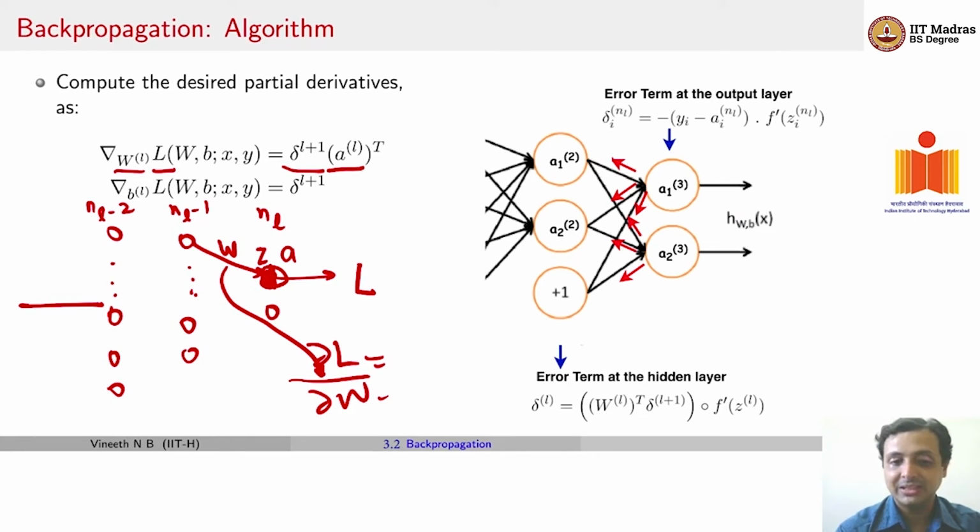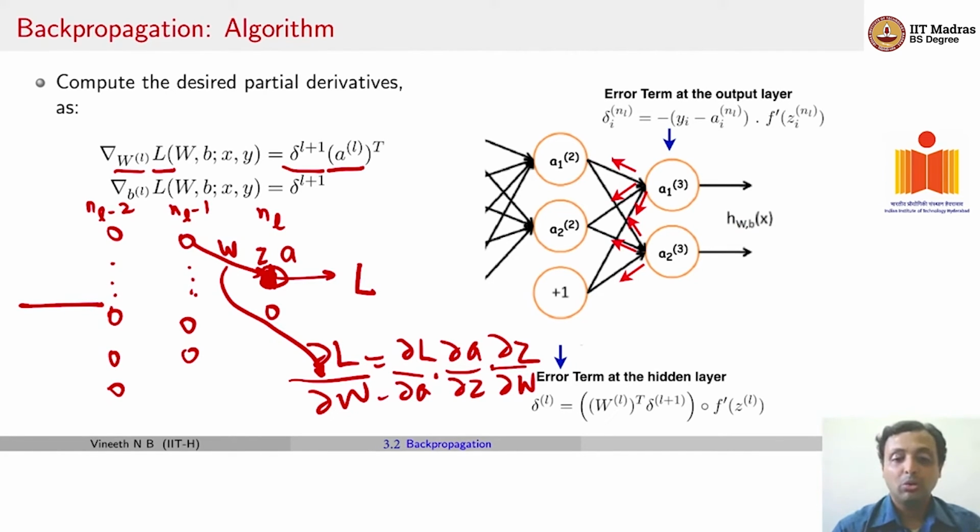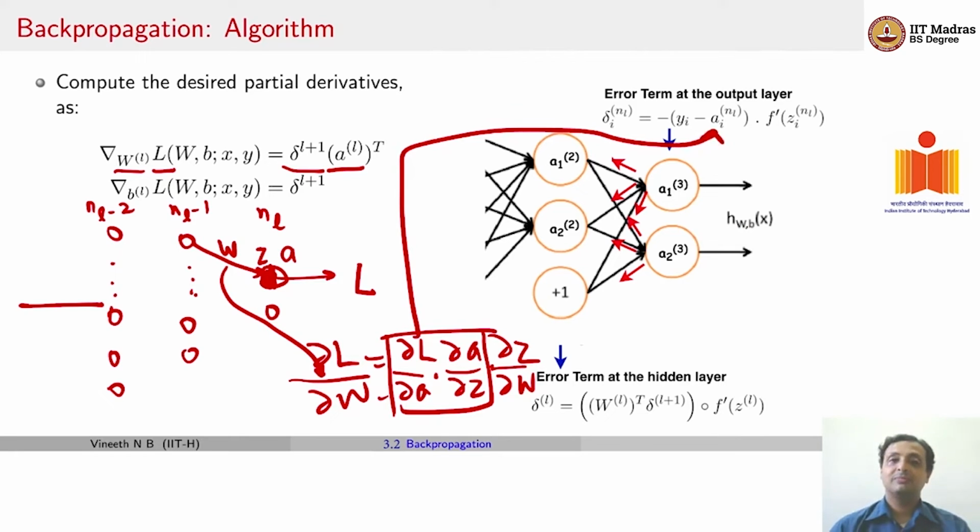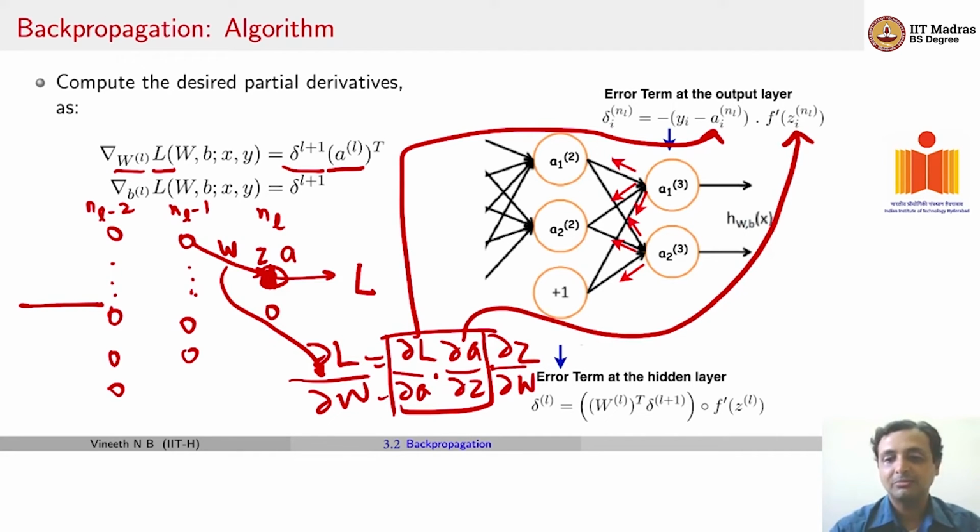The chain rule tells us this is dou L by dou A into dou A by dou Z into dou Z by dou W. Now dou L by dou A is exactly this term here. That's the derivative of the loss with respect to A. Dou A by dou Z is exactly this term here, which is the gradient of the activation function, f prime. Dou Z by dou W is now what we have to compute.